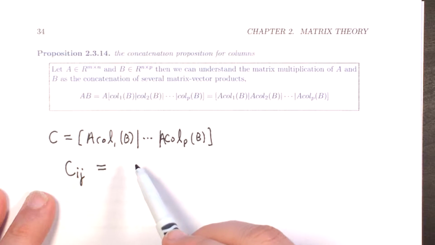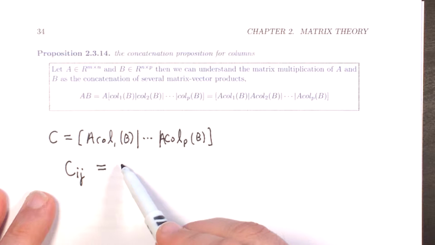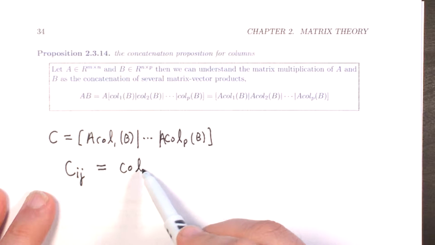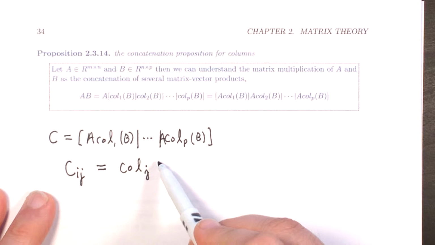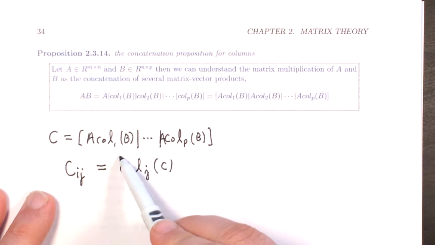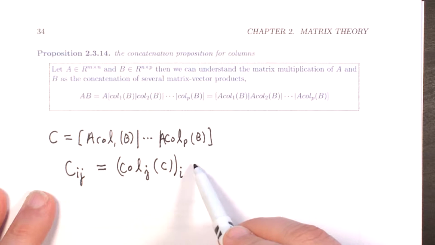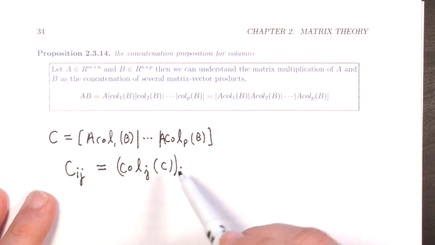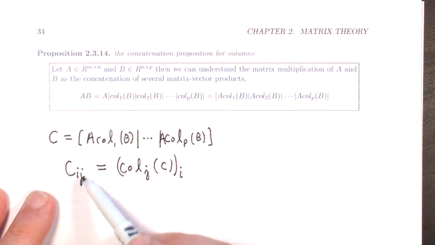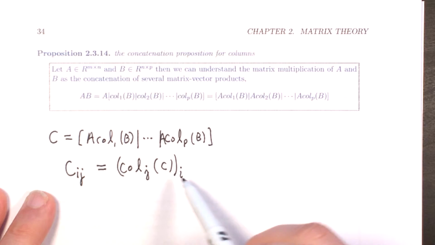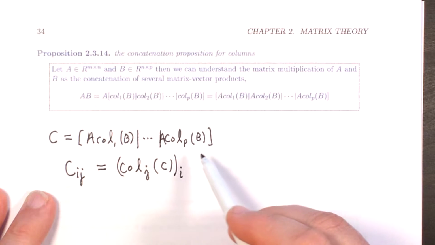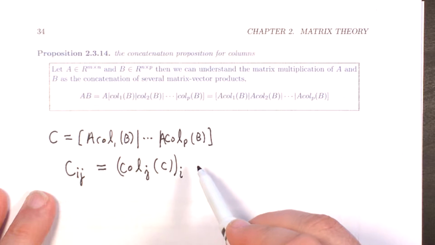So, it would be column J of C, the ith component of that. Alright? Now that's how we get the component of the column. Remember the column index is fixed for the jth column, and then i runs, in this case, from 1 to m.